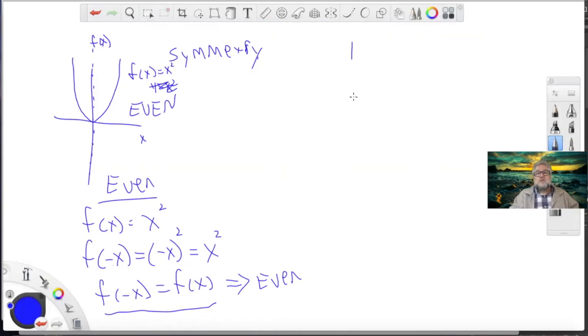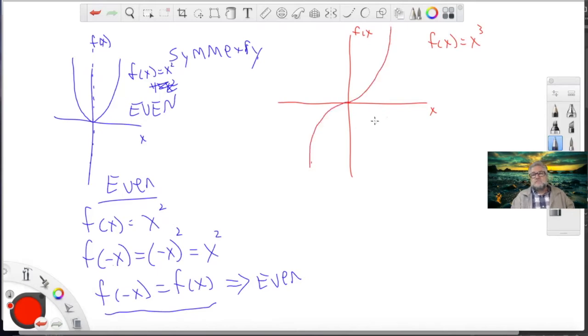But if I have something like, let's use a different color, my little friend red. So if I have f of x equals x cubed, that looks like that. I cannot fold it over and have it overlap. And here's x, and here's minus x. If I have this point here, it's going to be some positive number.